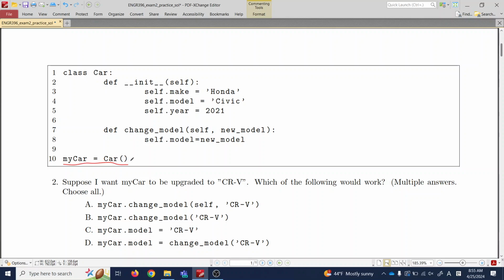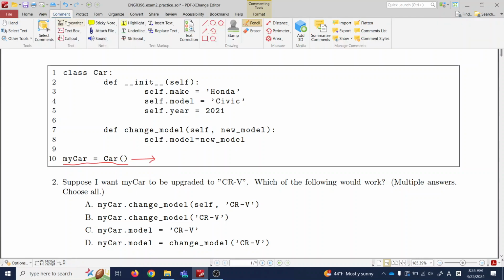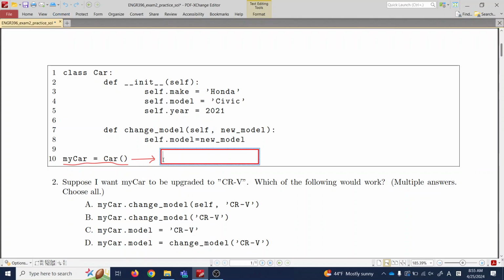What actually happens when it's executed is Car.__init__(my_car). My car is passed on to it, and my_car.make now becomes Honda. my_car.model becomes Civic. my_car.year becomes 2021. That's what happens internally. So for example, in the next line, if I asked what's my_car.make, it's going to answer Honda because I made it so.